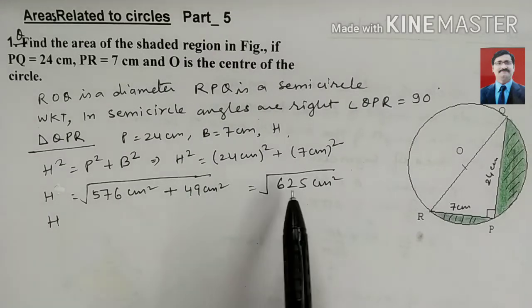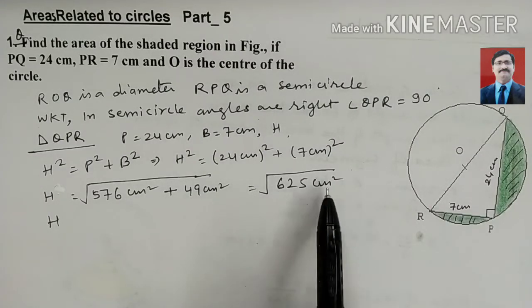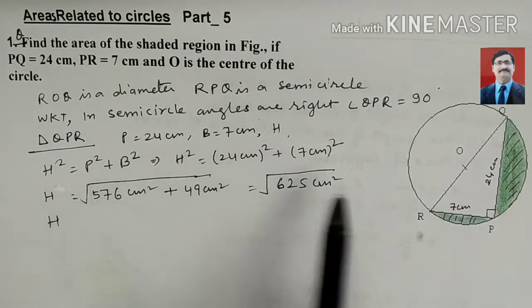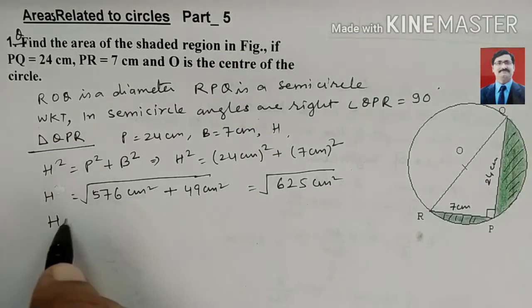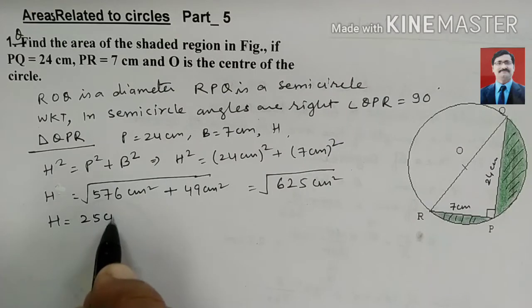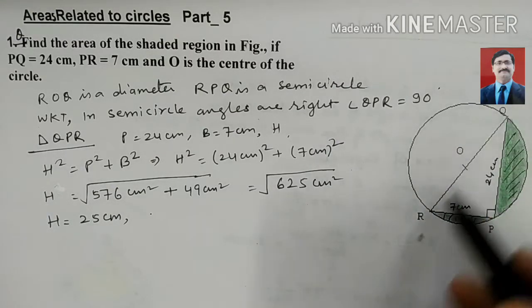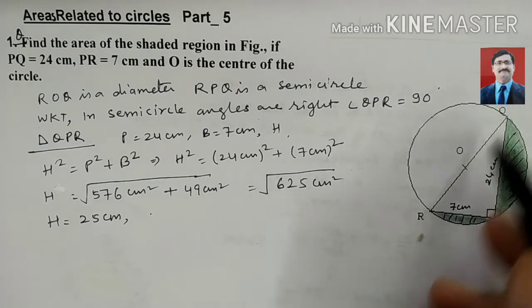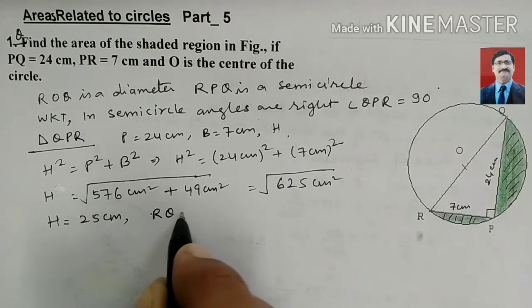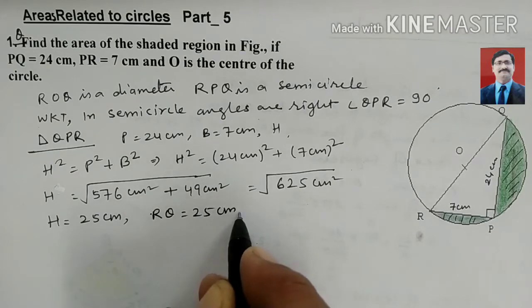Adding these, we get root of 625 centimeter square. So hypotenuse is 25 centimeter. You can check this in the diagram. This is the hypotenuse, so RQ equals 25 centimeter.